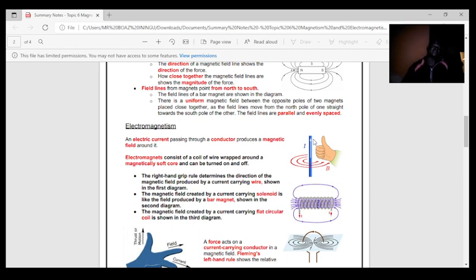Now, when we are talking about induction motors, for instance, DC motors, you will have two permanent magnets placed at a stationary point, and then the commutator, which has a coil now, is placed at the middle.